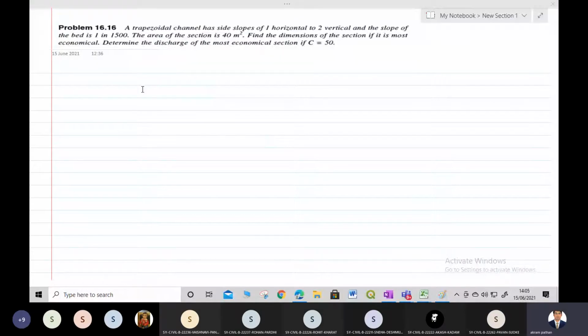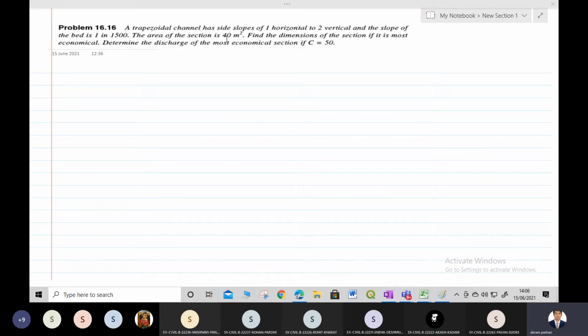For example, this is the problem. Is the slide visible to all of you? Yes, sir. Okay. A trapezoidal channel has a side slope of 1 horizontal to 2 vertical, and the slope of the bed is 1 in 1500.